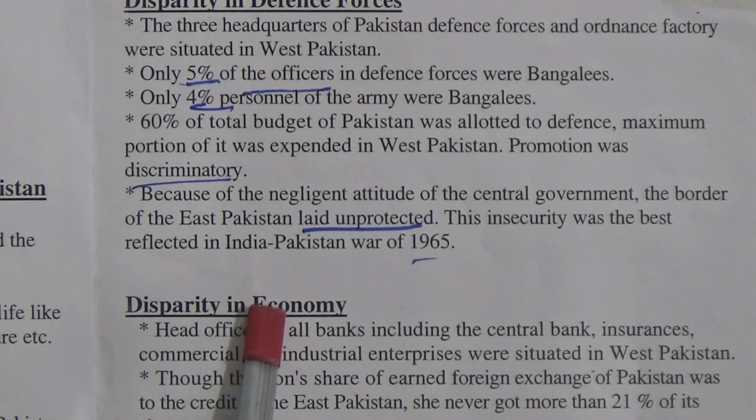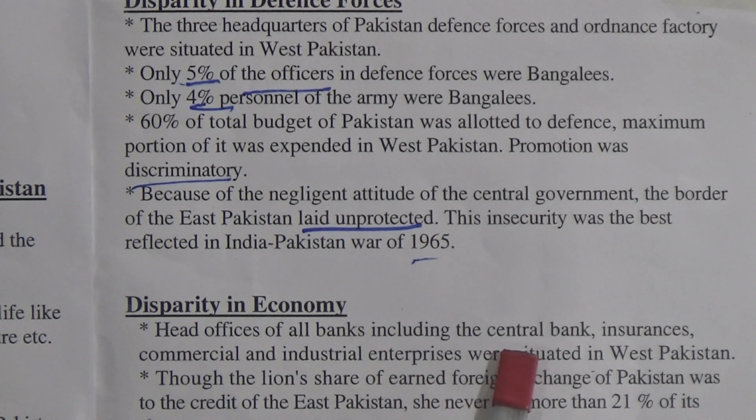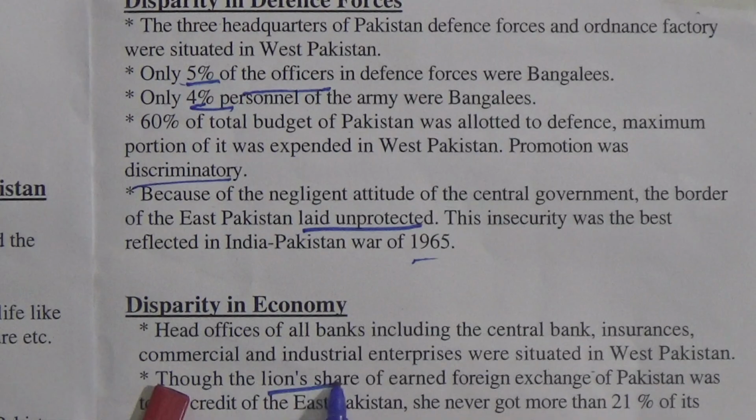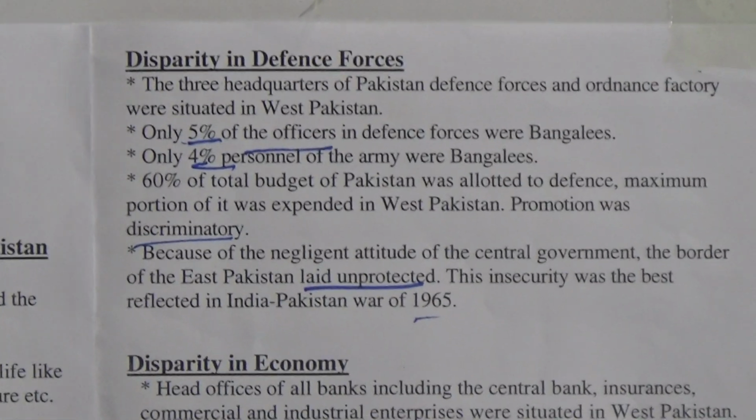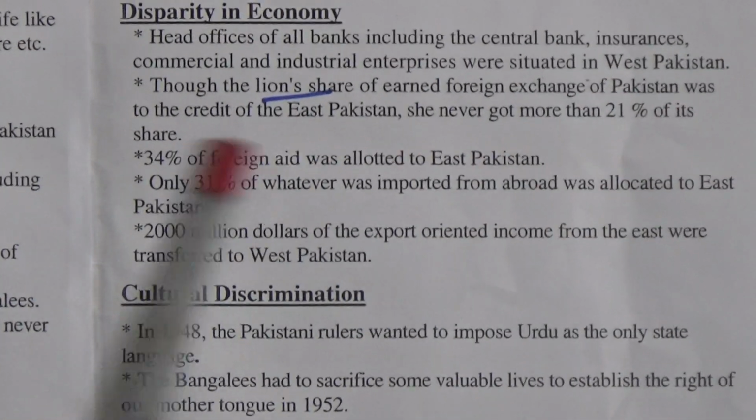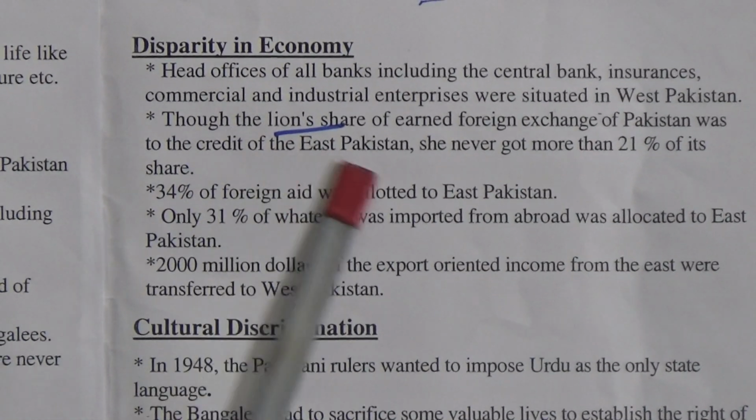So, disparity in economy. Head offices of all banks, including the central bank, the insurances, commercial and industrial enterprises, were situated in West Pakistan, though the lion's share, meaning the big share, the whole portion of earned foreign exchange of Pakistan was to the credit of East Pakistan.